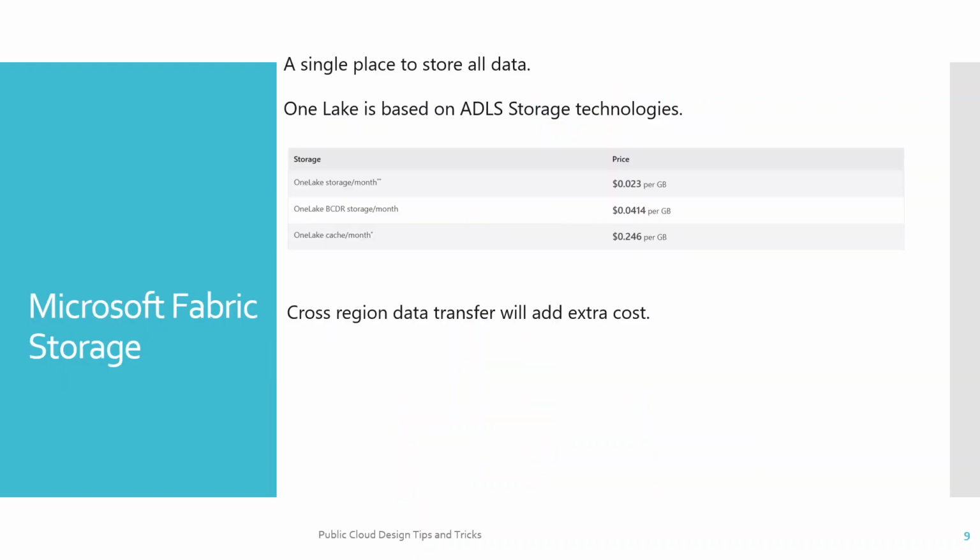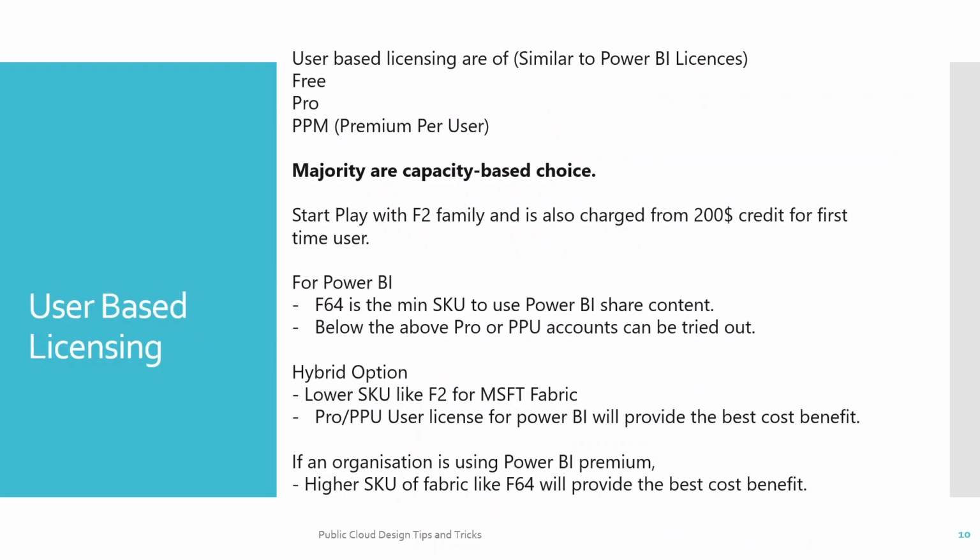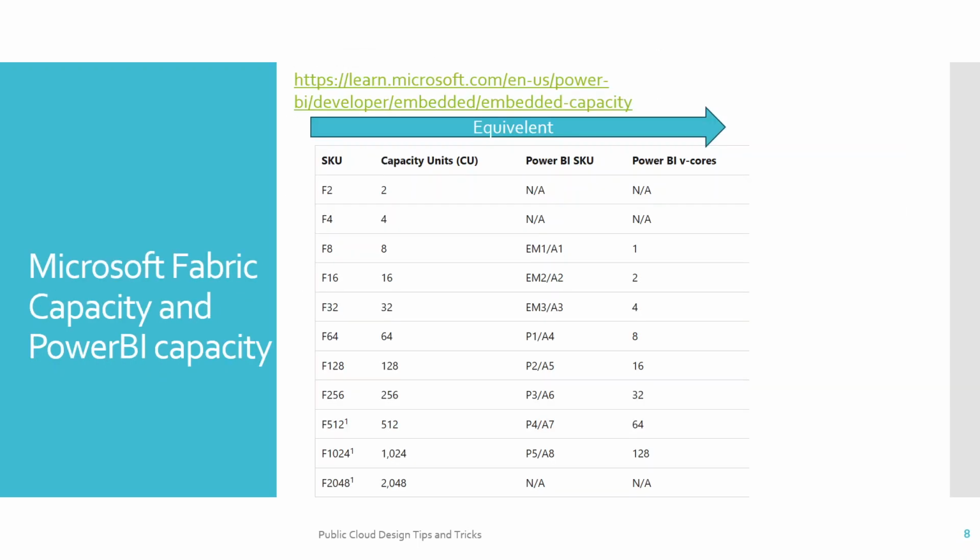But as I said before, if an organization is using Power BI Premium license and wants more Power BI features, then a minimum higher SKU of Fabric like F64 will be the best option, and you will get a good cost benefit here. So if you see F64, then you have a premium A4 one, and here you can have the good cost benefit.